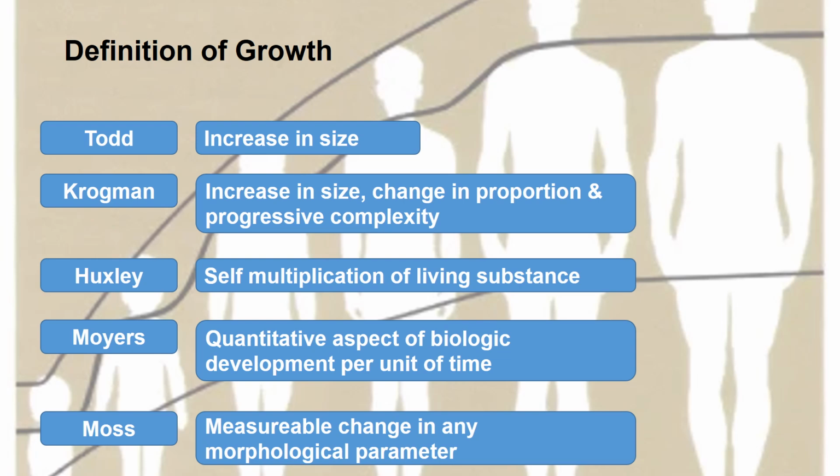Now have a look at some terminology. Now, what is meant by growth? There are various descriptions of growth, as for example, increase in size, change in proportion, and progressive complexity, and many others.